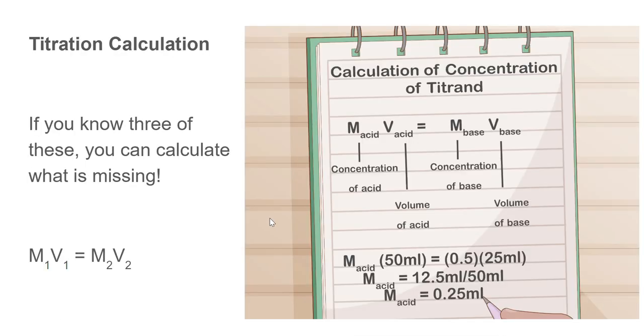But let's keep going. You will be asked to do one of these on the AP test, likely on the FRQ, and it's really good to know this equation. This equation is not on our sheet. I don't remember it being on the sheet, so if I were starting the test, it might be a good idea to first thing write down a few things that aren't on there, like the shapes of molecules, and M1V1 equals M2V2.